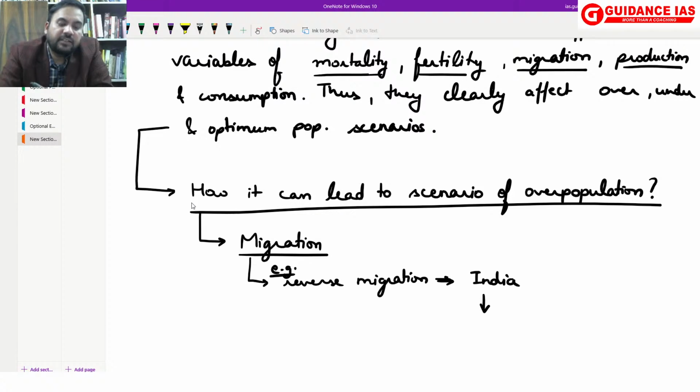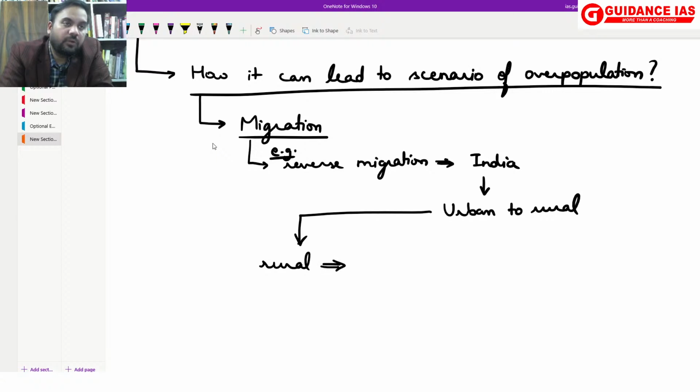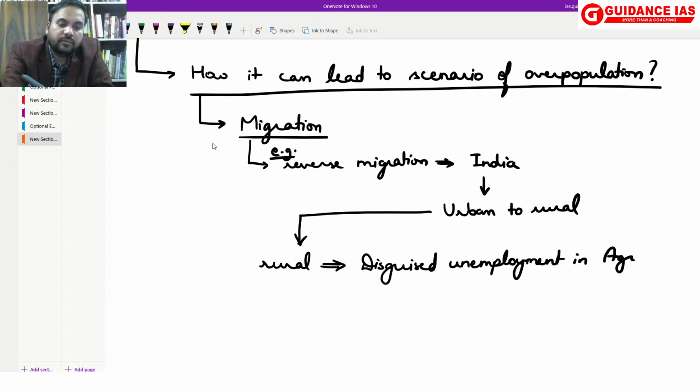And this reverse migration occurred from where? From urban to rural India. Now, does this mean that in rural India there is already the presence of what we call disguised unemployment in the agriculture sector?